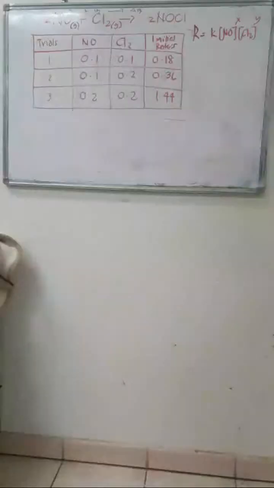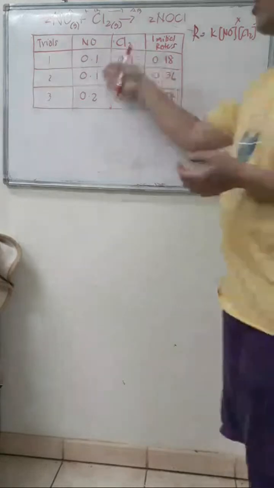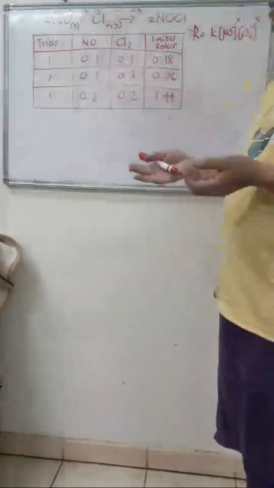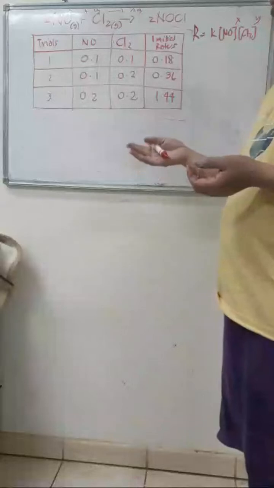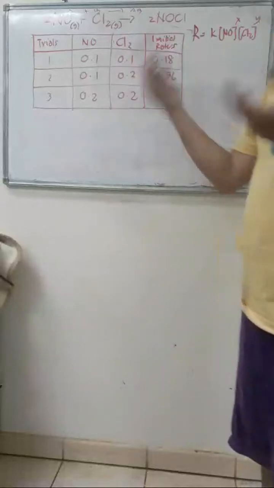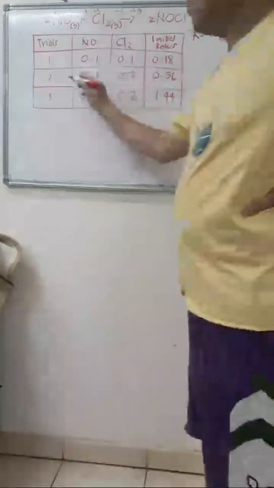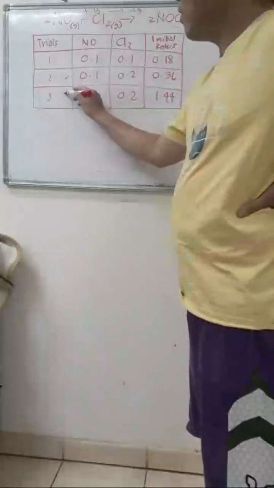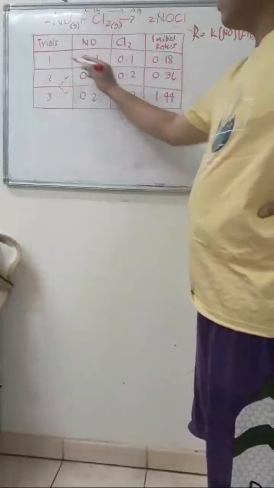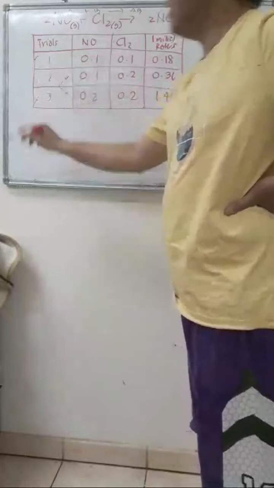Let's say, for example, Junjun conducted an experiment and analysis in the laboratory. Then my concentration of NO doesn't change after my second trial. So you don't need to focus on this if there are no changes. Go to the trials that have changes. It could be either 2 and 3 or 1 and 3.